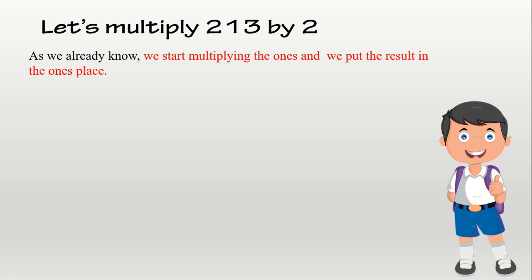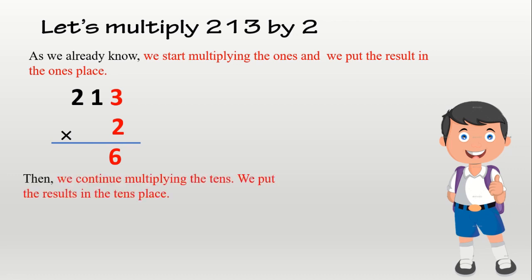First we multiply 3 by 2, which gives us 6, and we write the 6 under the ones place value. Then we continue by multiplying the tens and putting the result under the tens place value.